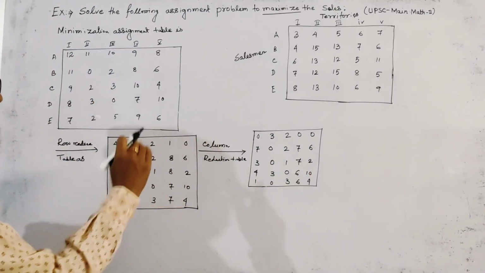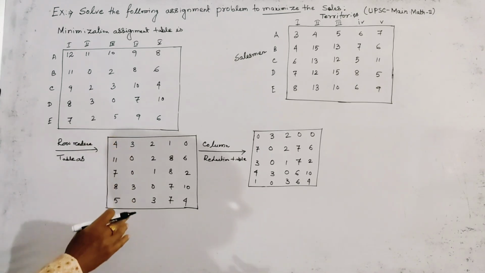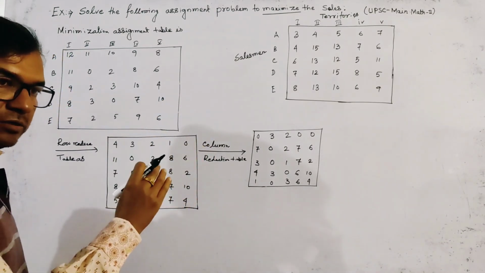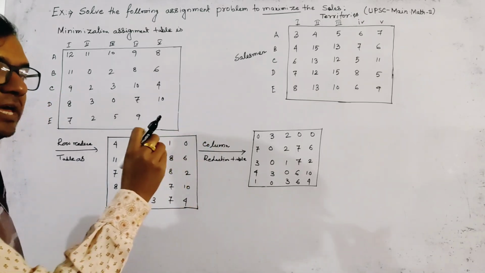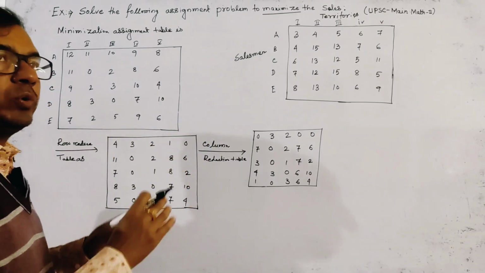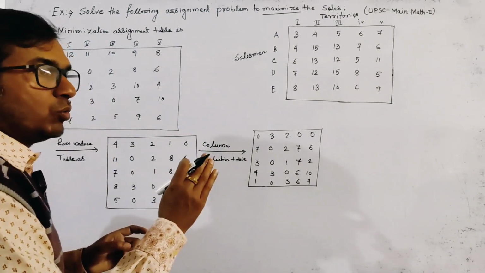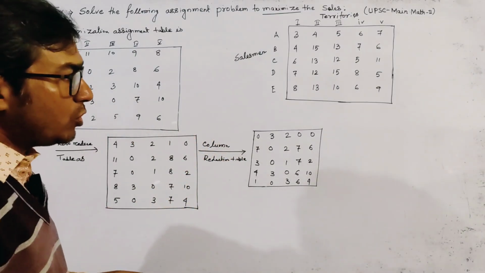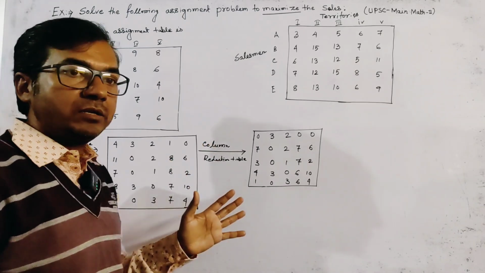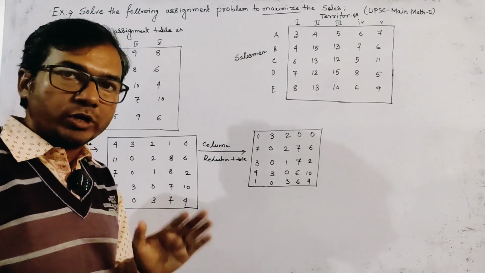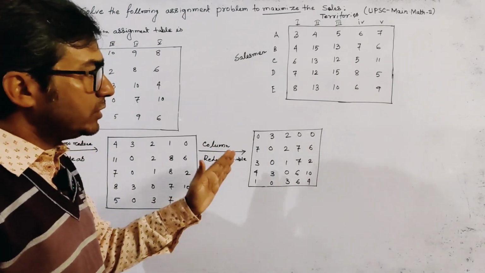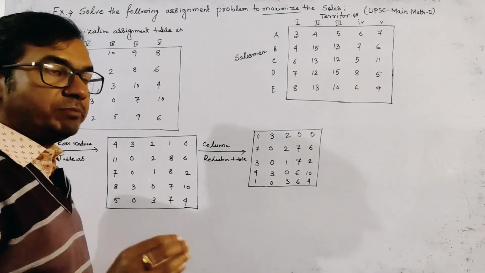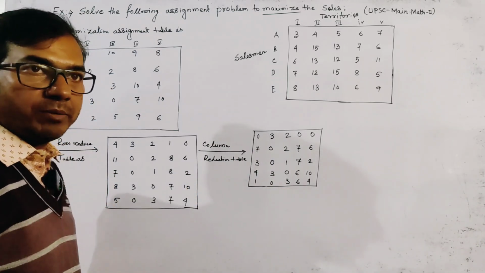Okay, this table is ready for drawing the minimum number of horizontal and vertical lines that cover all the zeros of this table. That is, we have to draw horizontal and vertical dotted lines to cover all the zeros of this table. How to draw the minimum number of lines?